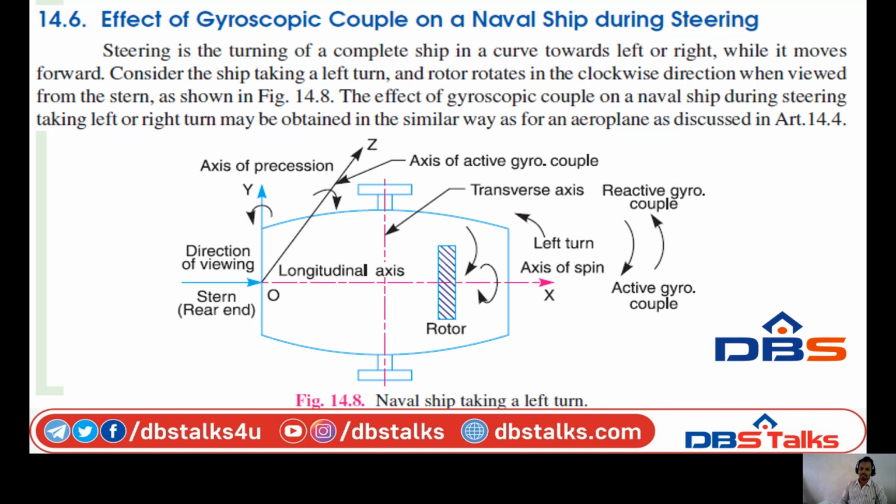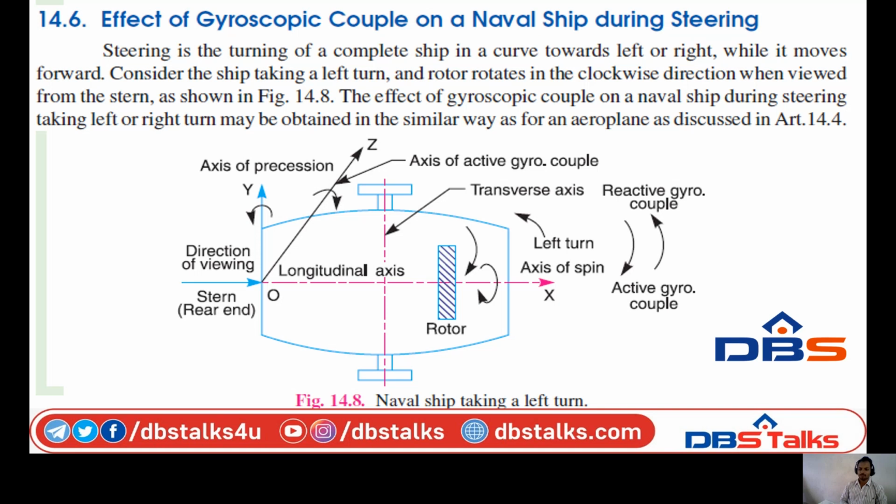These are the three different topics we are going to cover. Steering is taking the complete ship in a curve towards left or right. For any vehicle, steering is the main element to move the body towards the left hand side or right hand side.